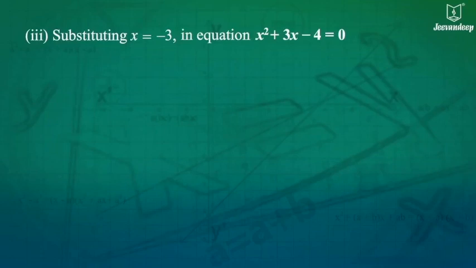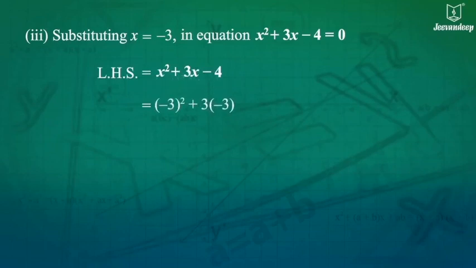Substituting x equals minus 3 in the equation x square plus 3x minus 4 equals 0, left hand side equals minus 3 square plus 3 into minus 3 minus 4 equals minus 4.